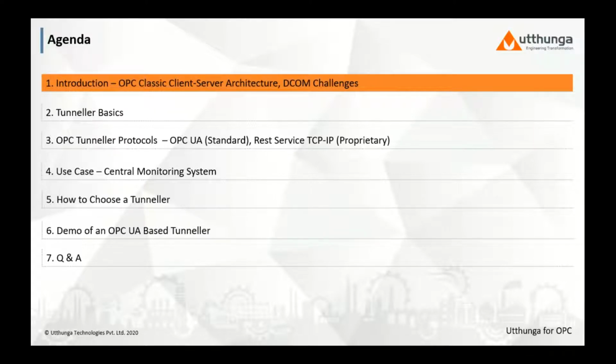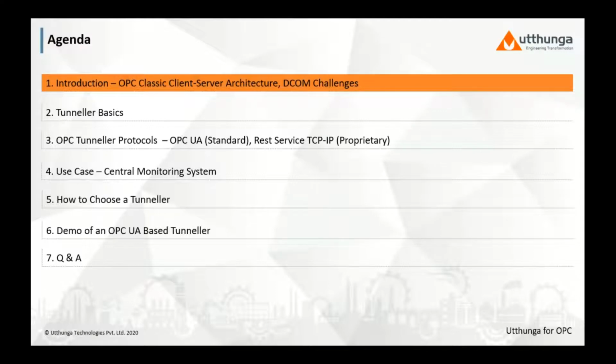Then followed by tunneller basics, which is how a tunneller looks and the definition of the tunneller, and followed by OPC tunneller protocols, where we can achieve the tunnelling using the OPC UA standard interface, as well as a proprietary interface. We have taken one example as REST service and TCP/IP.